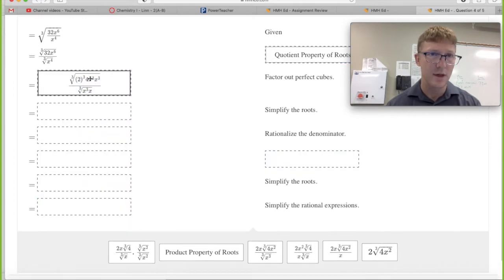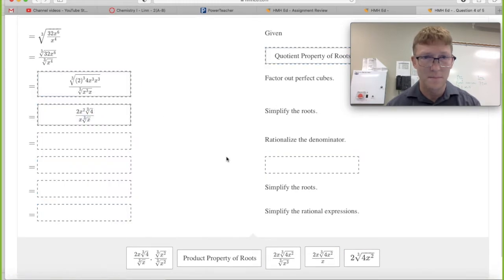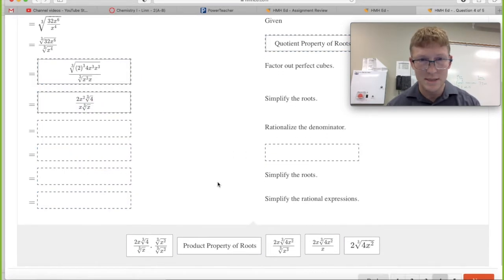So they factored everything out inside of the cubes. And then after that, they simplified the roots into this. So then rationalize the denominator.